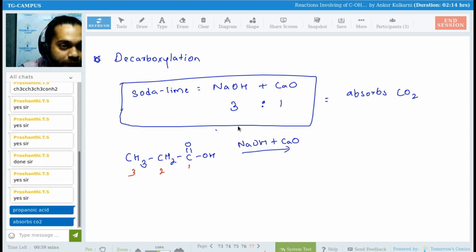Absorbs carbon dioxide. Correct? So where do we have carbon dioxide? This is my carbon dioxide. Correct? So what I have got?